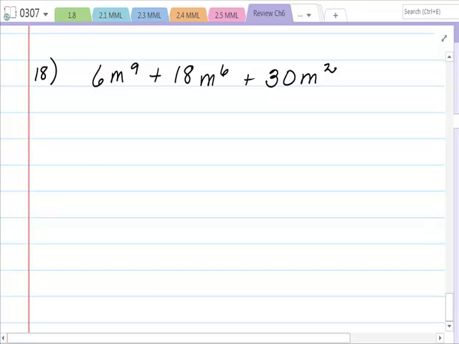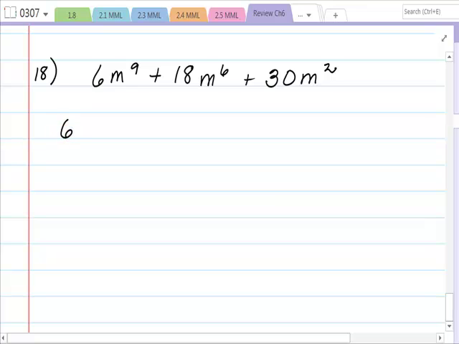Is there a common factor? Can you think of something that goes into 6, 18, and 30? You were right when you said 3, but it's not the greatest common factor. My question was just, can you think of a number? So the answer 3 would have been okay. What I should have said is, if there's a common factor, what's the greatest one? And the answer is 6.